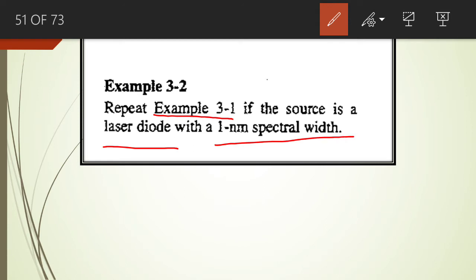So there were two parts in the previous example, that is example number 3.1. So we will do two parts of this example as well.